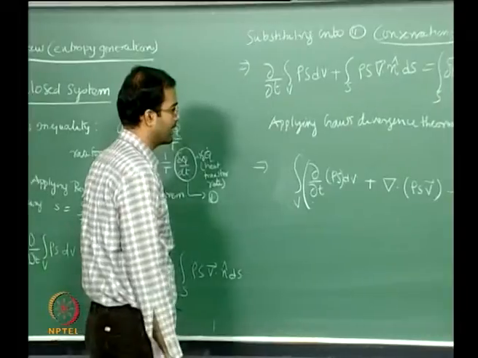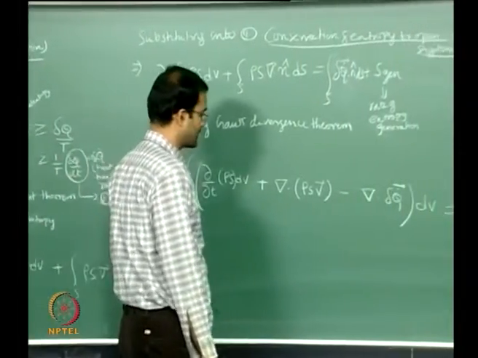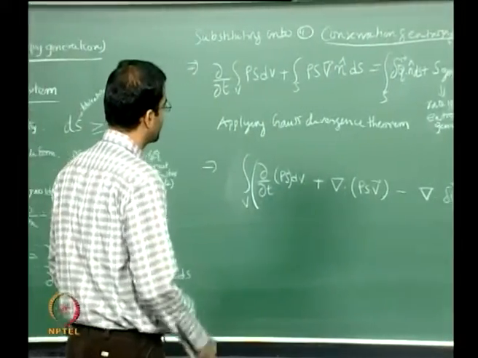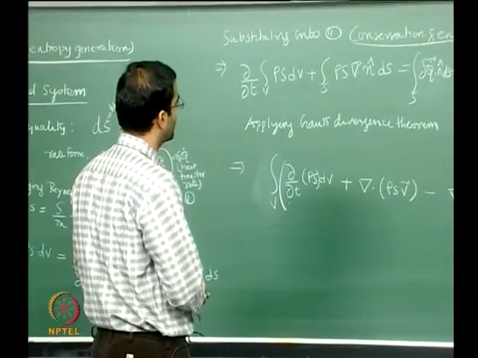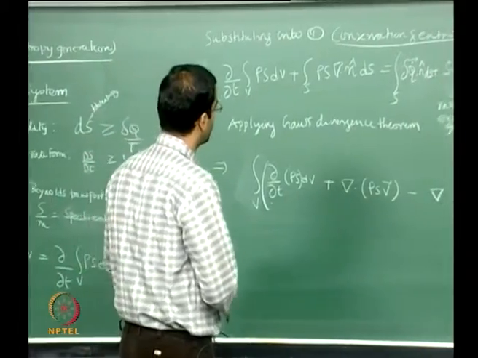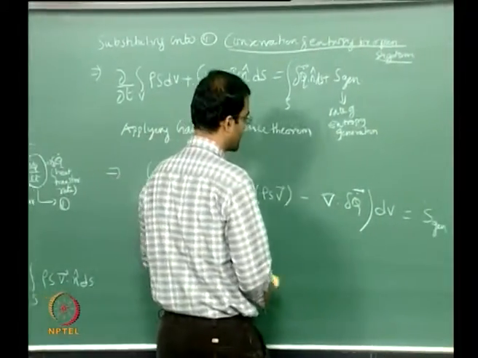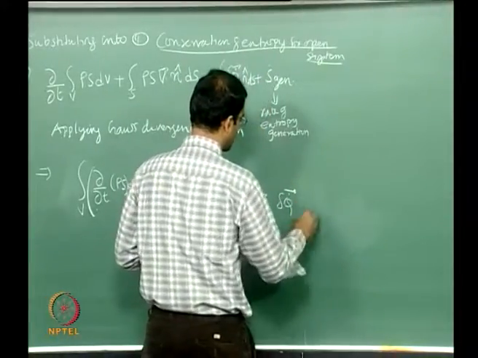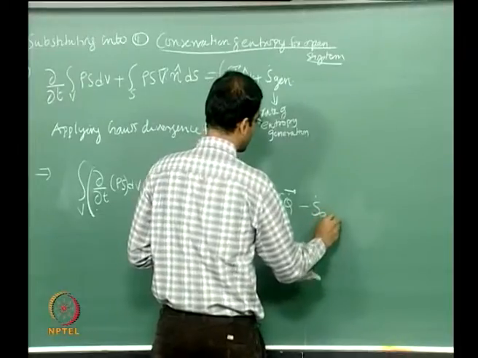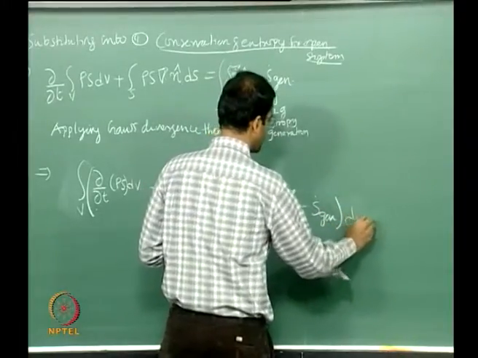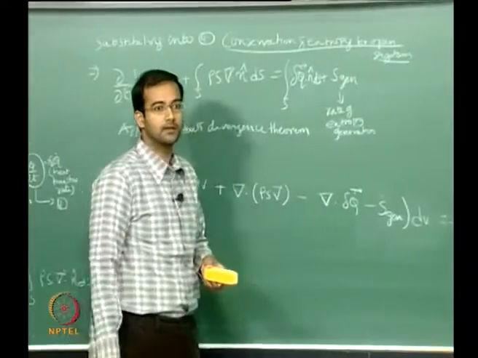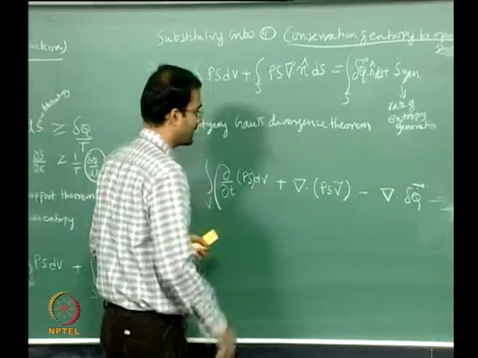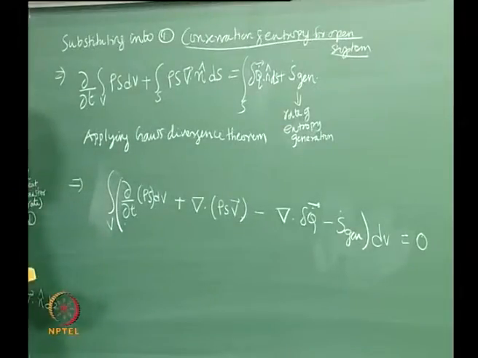So therefore I can also say, or maybe I can also look at it this way. I want to look at the entropy generation for the entire volume, so I can also bring this inside: minus S dot gen, dV, equal to 0, right, so that I can separate out the integrand and write finally a partial differential equation, okay.